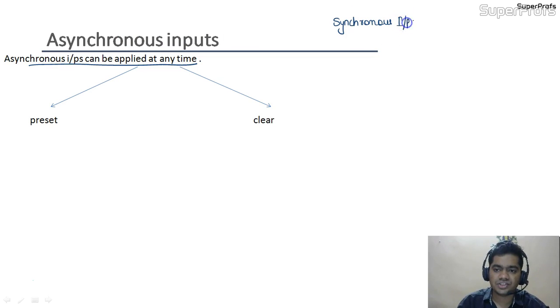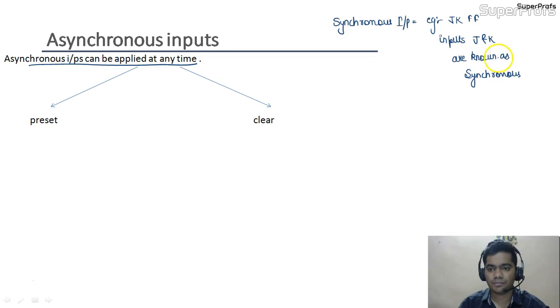The inputs J and K are known as synchronous inputs because they should be applied simultaneously for the proper functioning of a JK flip-flop. If we do not apply these inputs simultaneously, we would get a different output.